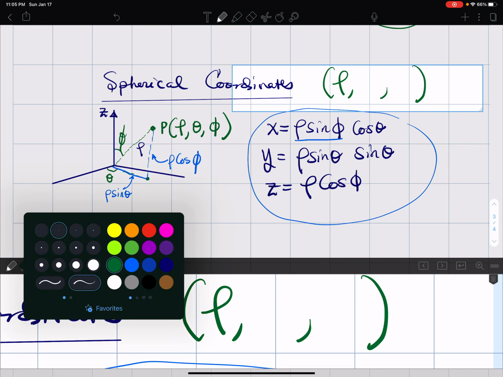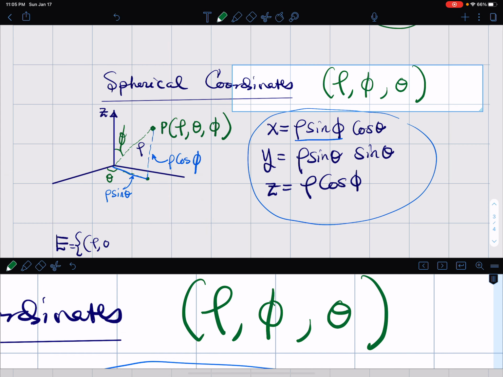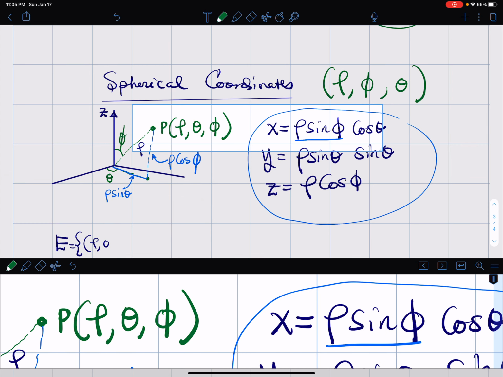It doesn't matter which one comes first, but by convention, phi should come first.